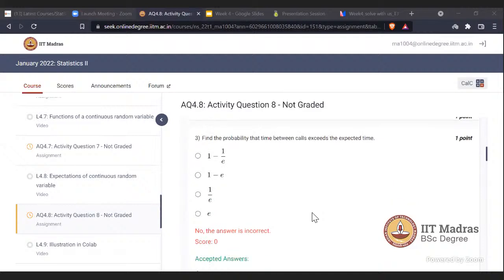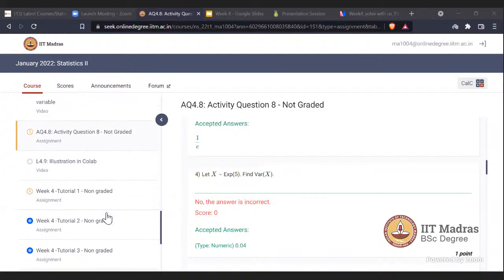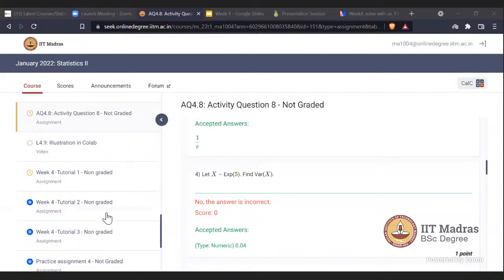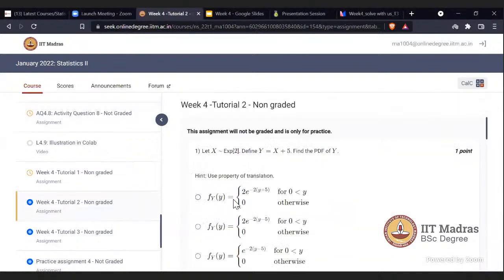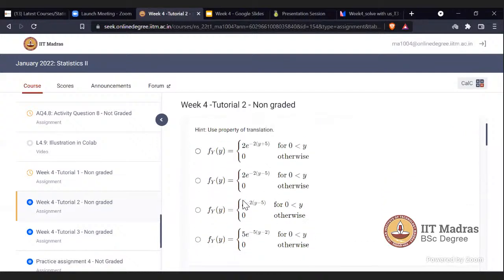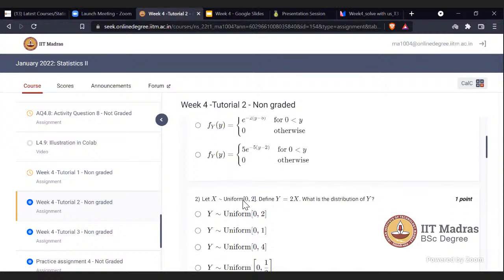Try it out. Now, one question in the tutorial, the solution is given, but some confusion is there in tutorial 2, question number 2. Yesterday's session you didn't ask the question, and most of us didn't solve those questions.